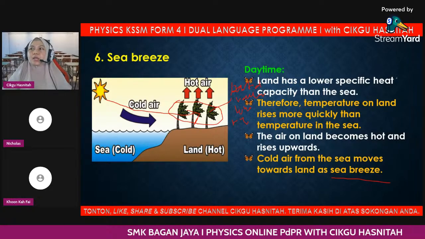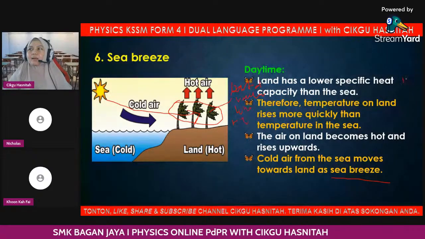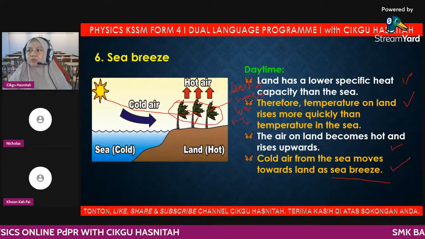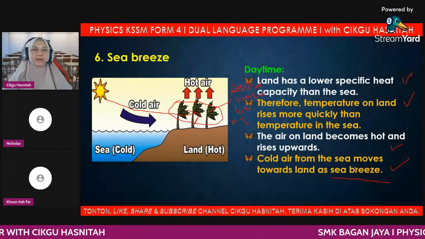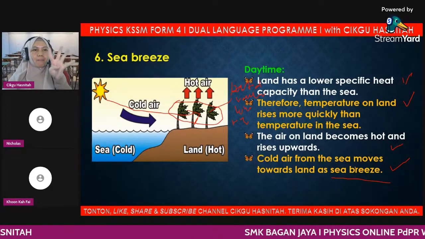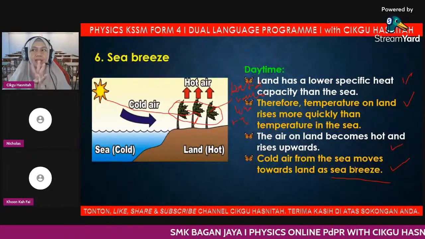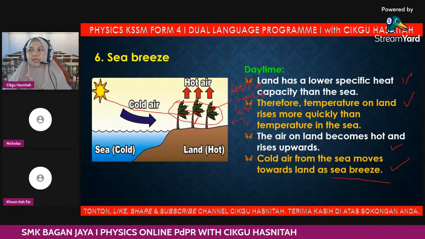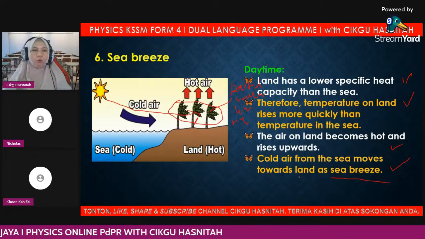You can see the sequence from number 1 up to number 4. So students, when they ask you to explain sea breeze, normally it is a 4 marks essay. Mark number 1, mark number 2, mark number 3, mark number 4.